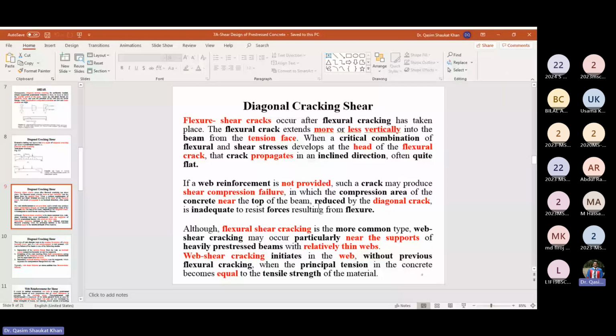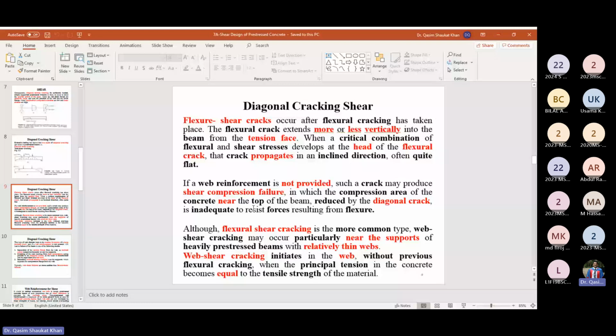So if web reinforcement is not provided, such a crack may produce shear compression failure, in which the compression area of the concrete near the top of the beam, reduced by the diagonal crack, is inadequate to resist the forces resulting from the flexure.